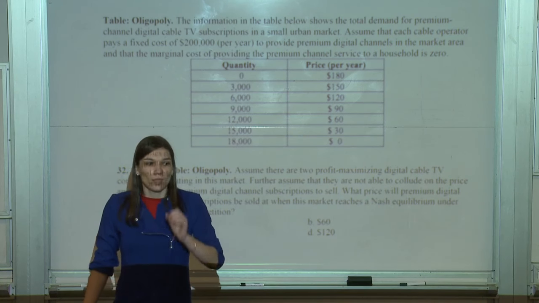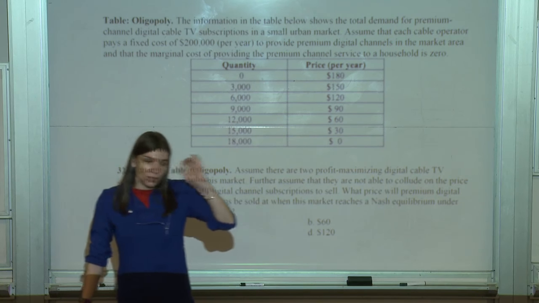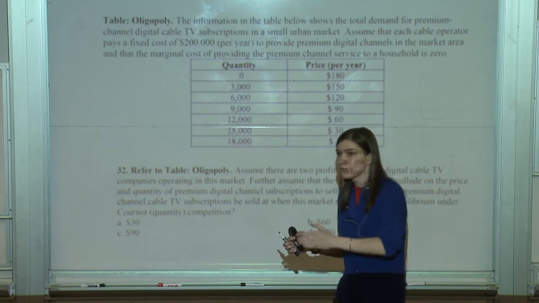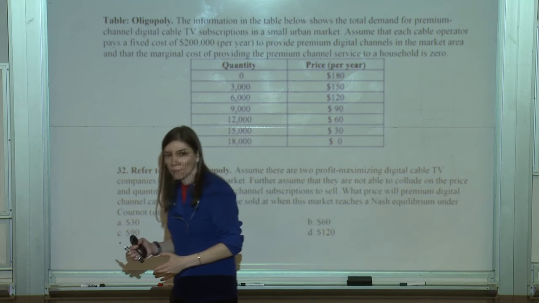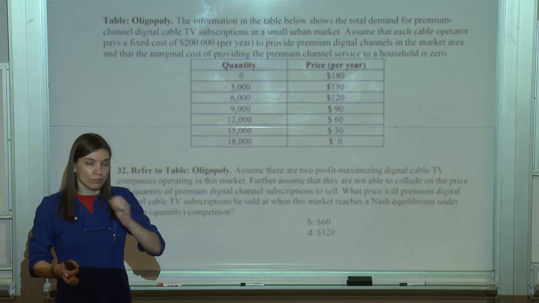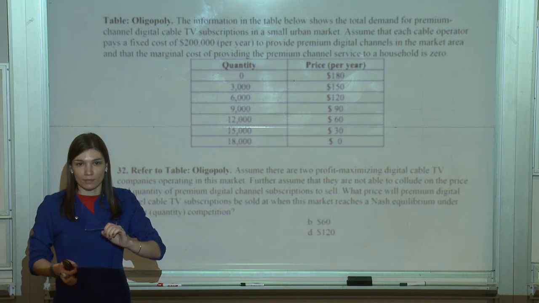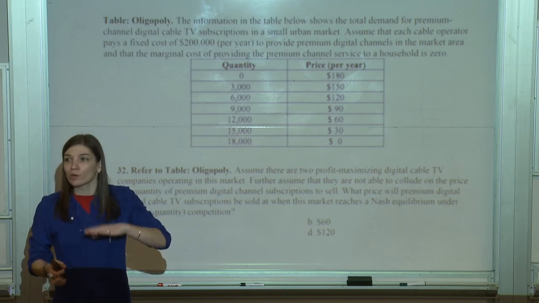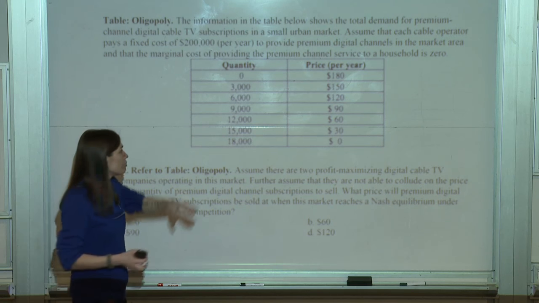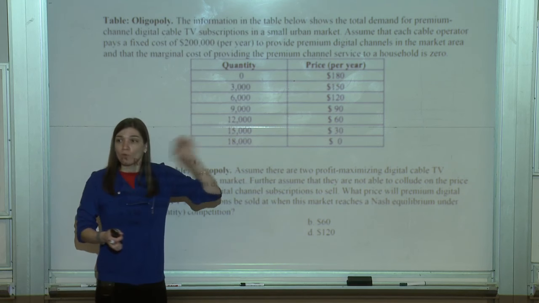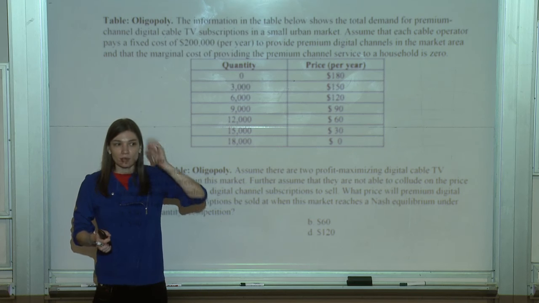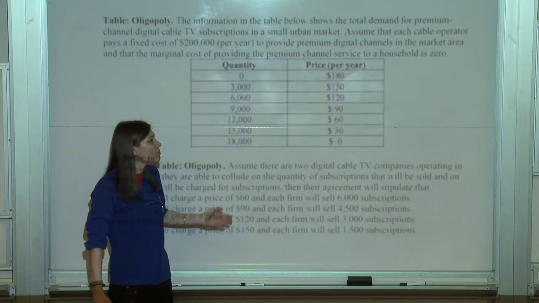That's not actually true, because let's assume this all happens in one shot. We agreed right now that we're going to collude, and what we also do is decide whether it's optimal for us to cheat or not. Then both of them are going to arrive at the decision to cheat. When both of them cheat, both of them get lower profit. Does that make sense? So ultimately there's going to be no agreements.